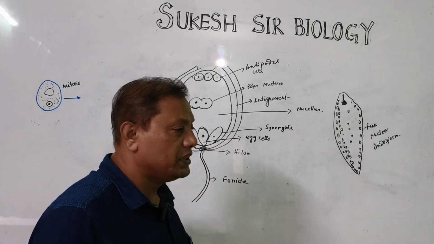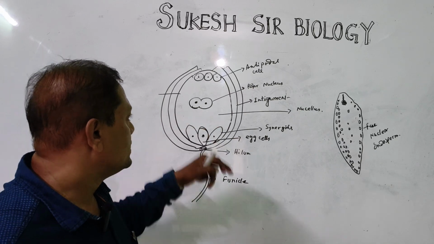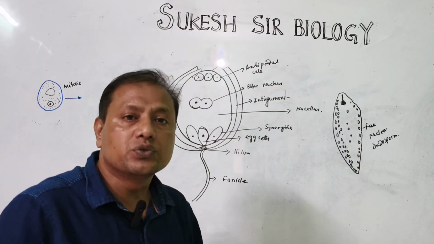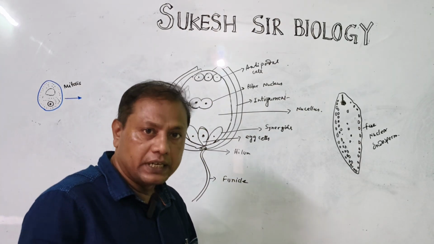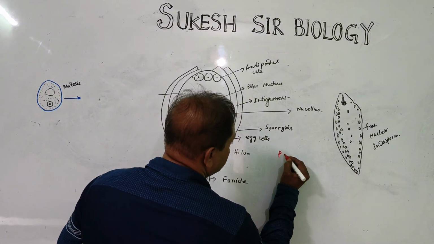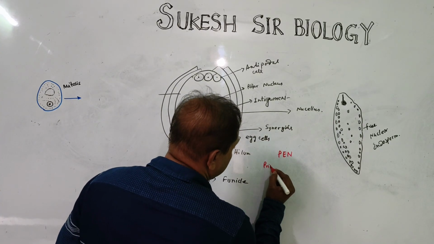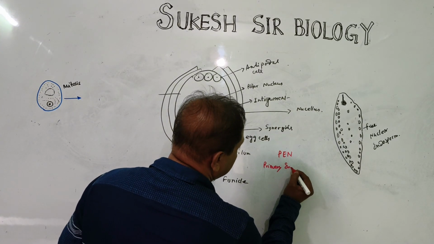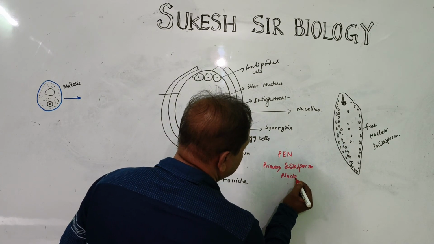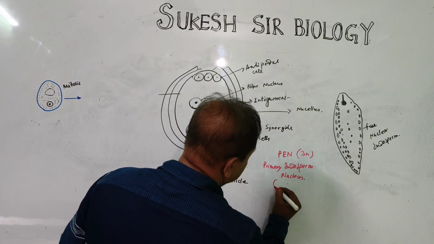Endosperm means you see that there is a polar nucleus present. When the polar nucleus gets fused with one of the male nuclei, it forms the PEN, primary endosperm nucleus, and it is triploid in structure.